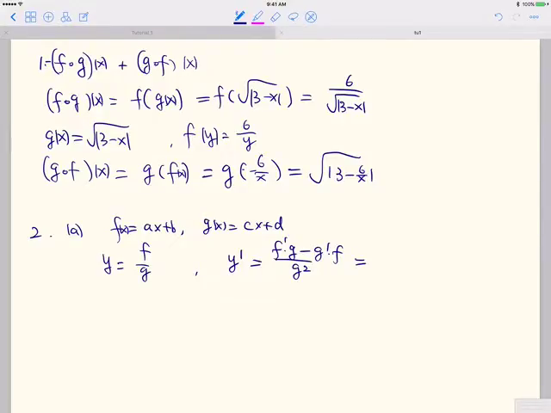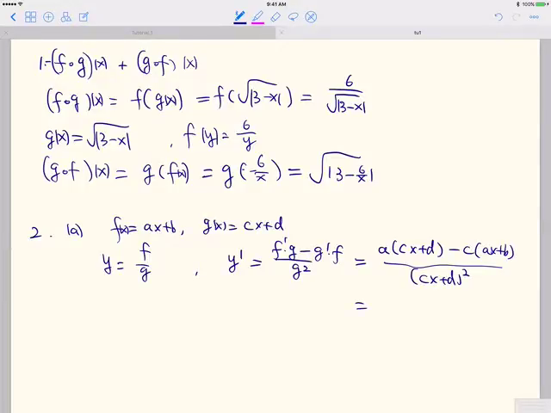So f prime is just a times g, which is cx plus d, minus the derivative of g, which is c, times f(x), which is ax plus b, over g squared, so (cx plus d) squared.